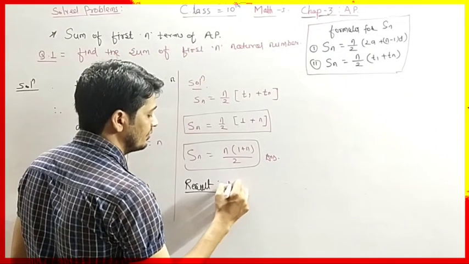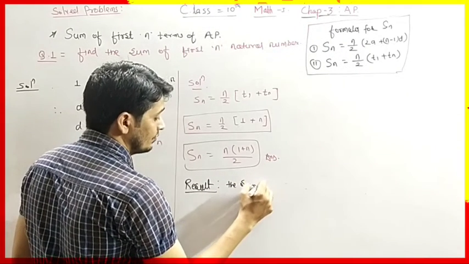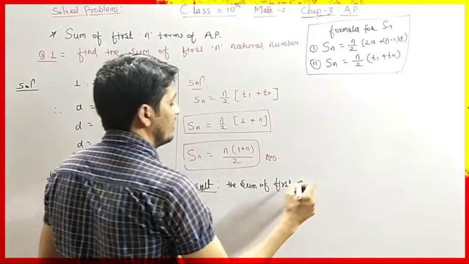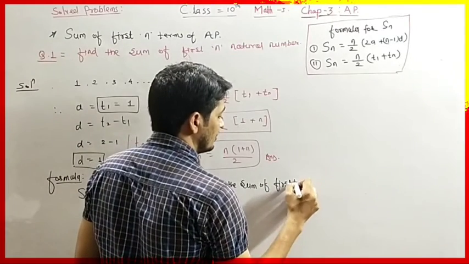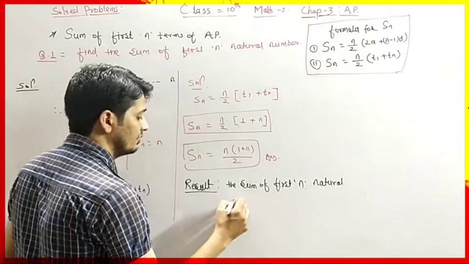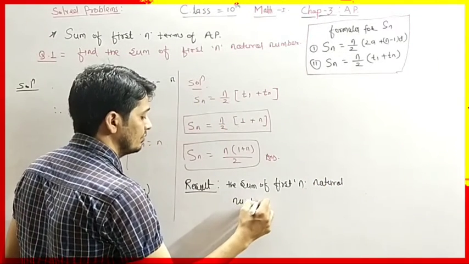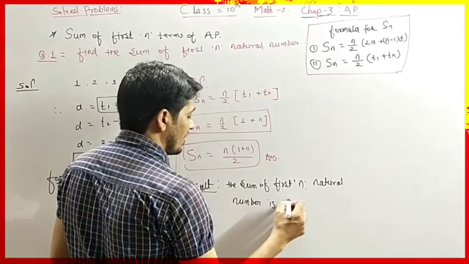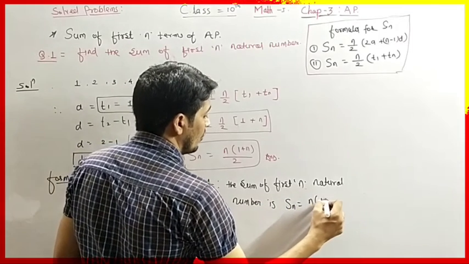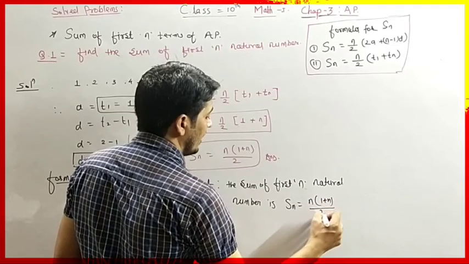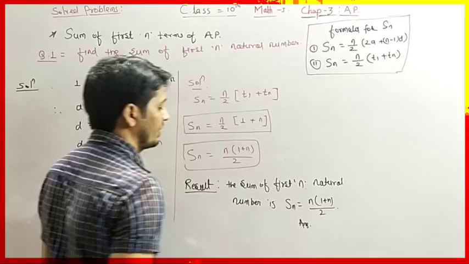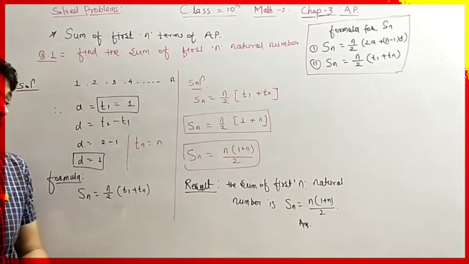The sum of first n natural numbers is Sn equals n into 1 plus n divided by 2. Okay, it is our answer. Okay, so now write down.